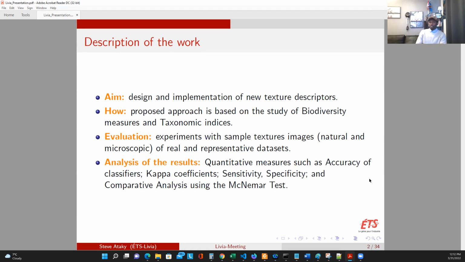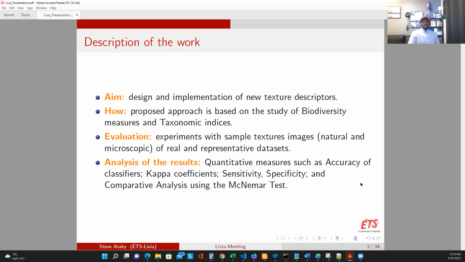And we have evaluated our work with natural images and histopathological images of real world and representative data sets. And we have used different quantitative measures such as accuracy, kappa coefficient, sensitivity, just to test the performance of our descriptor.